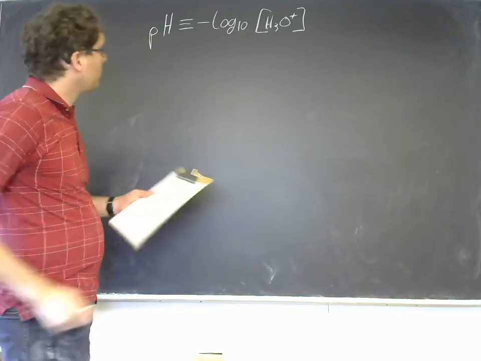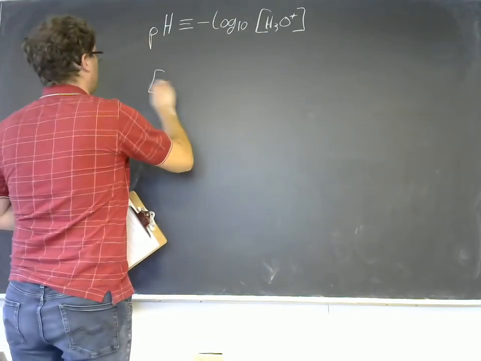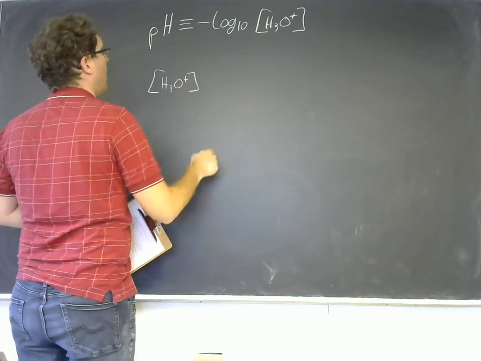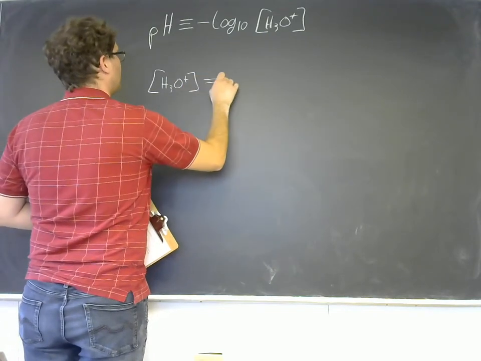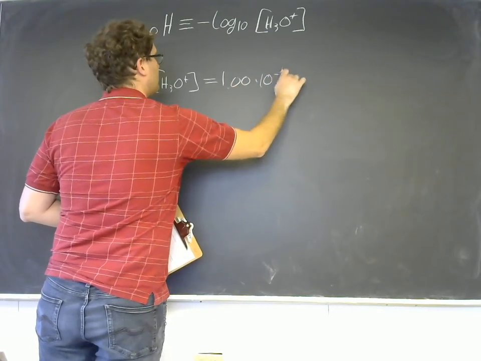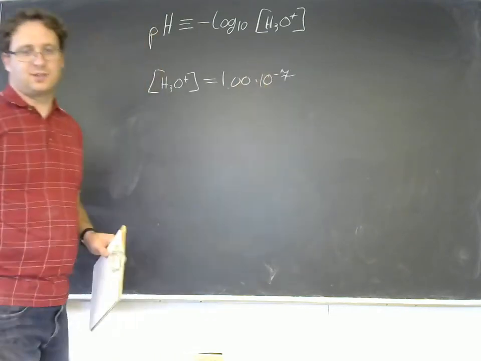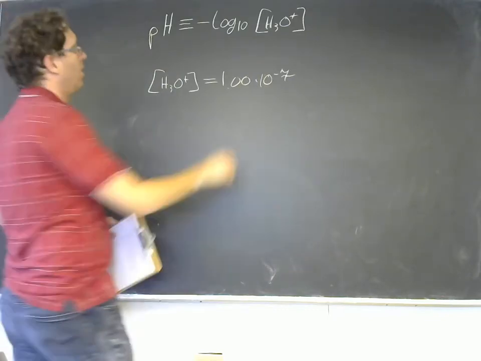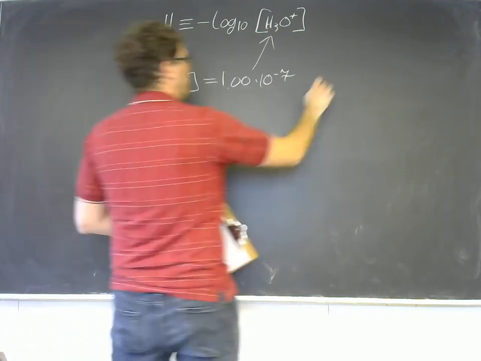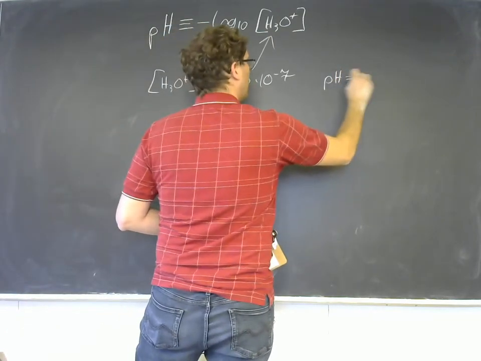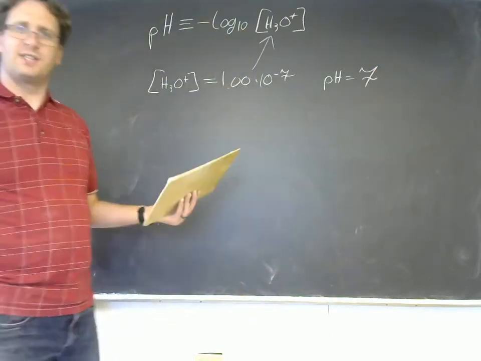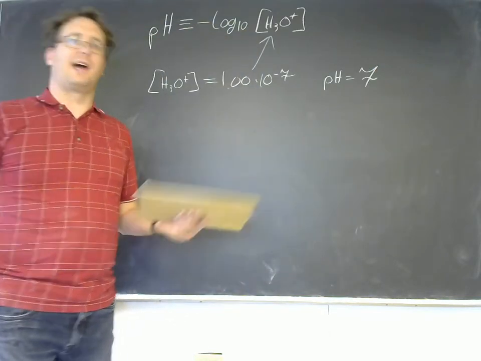So if I have an H3O plus concentration that is equal to 1.00 times 10 to the negative 7th, that was the concentration for pure water. Well, if I put that into my formula here, then I get the pH equal to 7. And a pH of 7 is perfectly balanced between acids and bases.